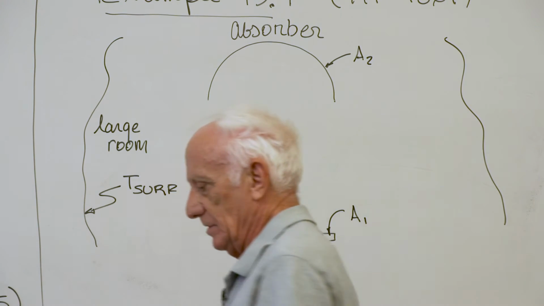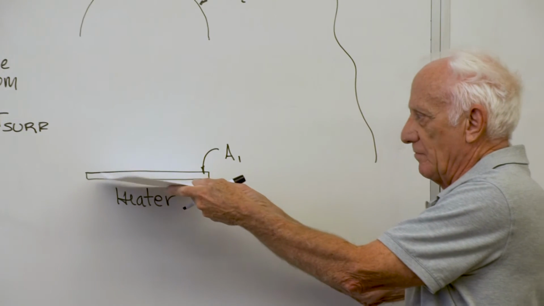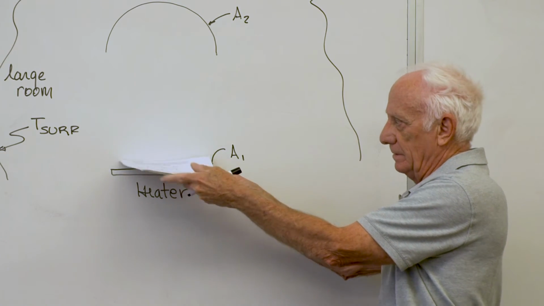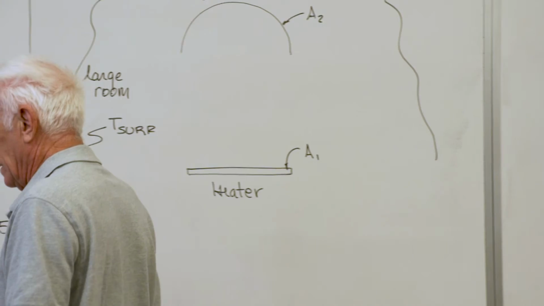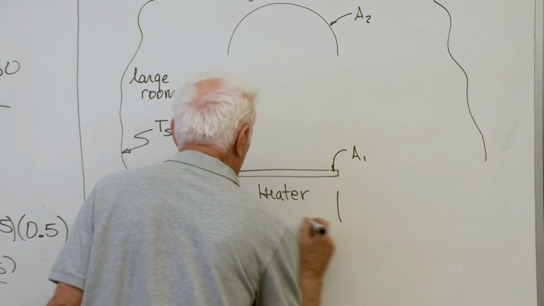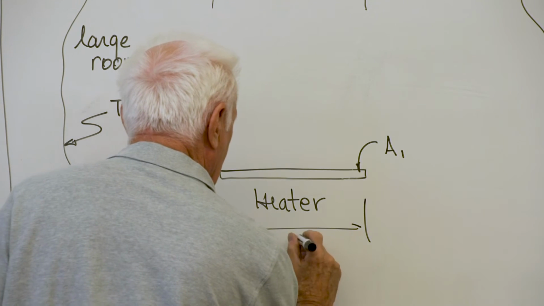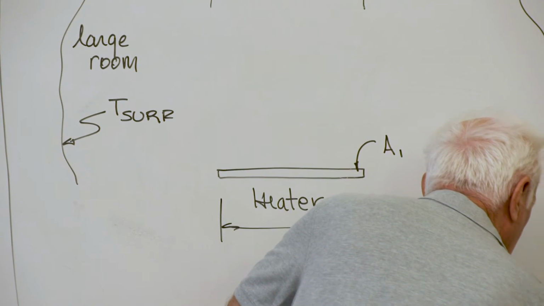Okay, first of all, let me give you the geometry. The heater is a plate heater like this, and it goes out from the blackboard like a big rectangle. He tells us what the rectangle is. It's 1 meter here, and I'm going to draw a sketch down here.